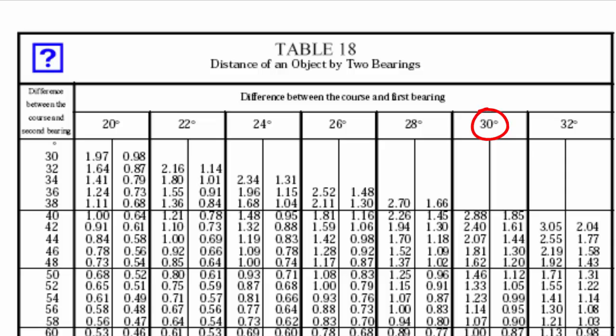Find the first bow angle of 30 degrees on the top row and the second bow angle of 50 degrees in the left-hand column. Where these intersect, we find two factors, 1.46 and 1.12, which are used as multipliers to answer the following questions.